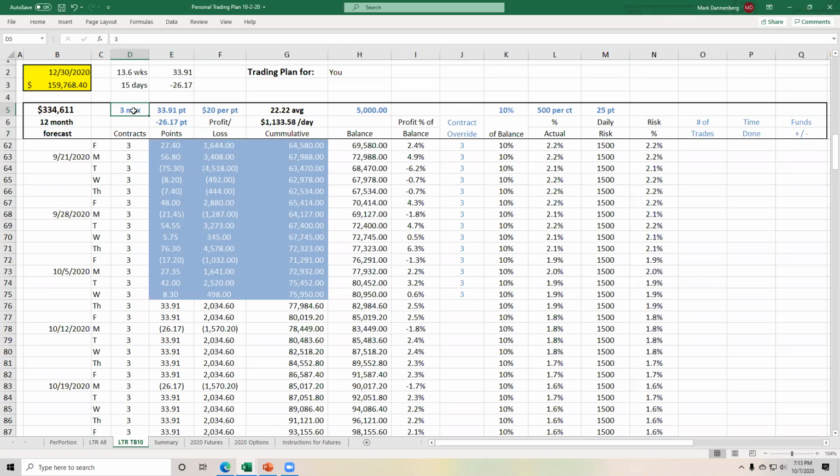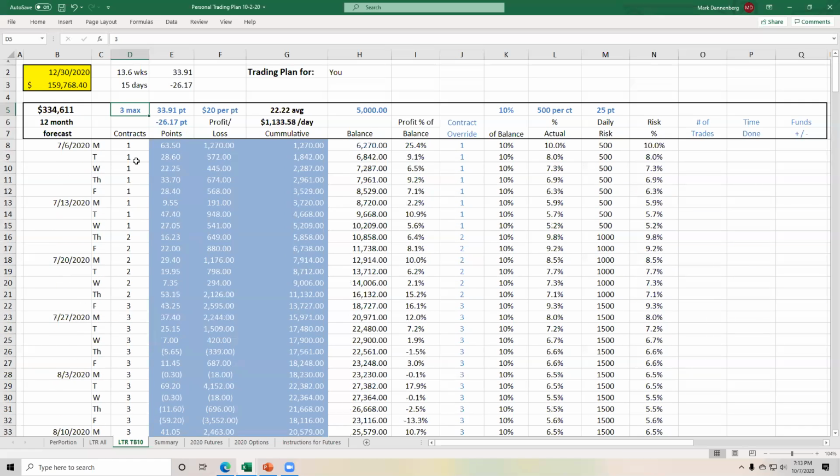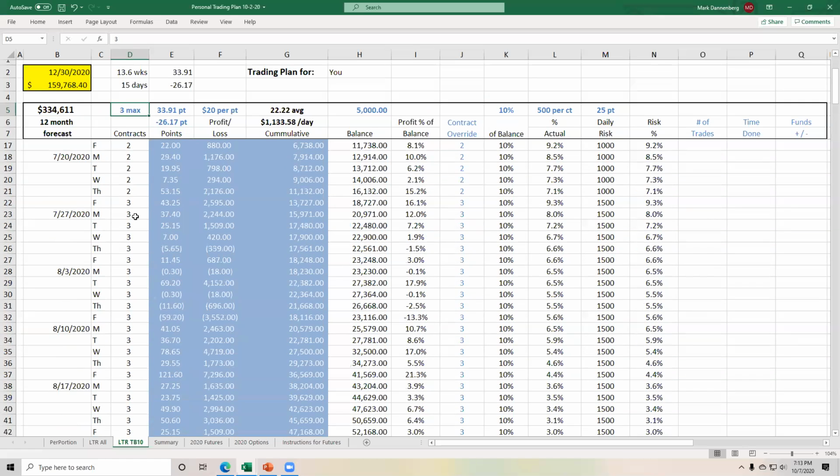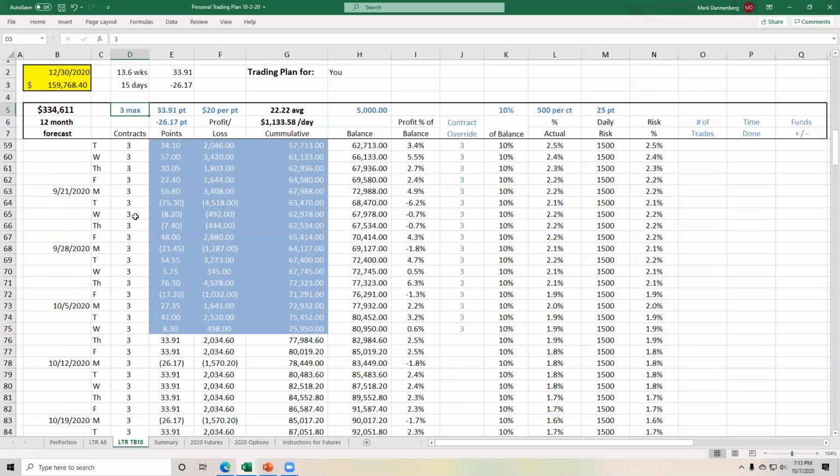Now we're limiting our maximum number of contracts for our 52-week plan to 3. Back here in July when we started with 1 contract, then we graduated up to 2 contracts, so we've limited now to 3 contracts in total, and I'll talk more about that when we get to the other sheet.